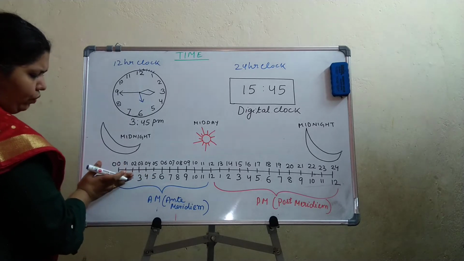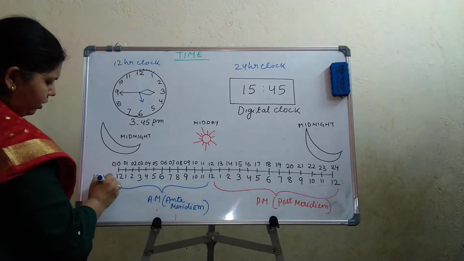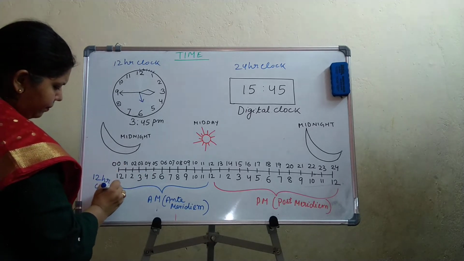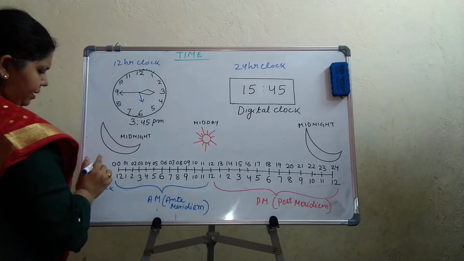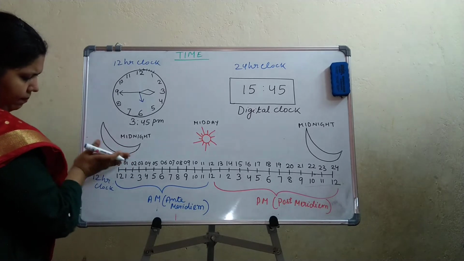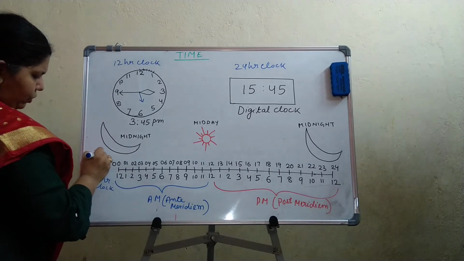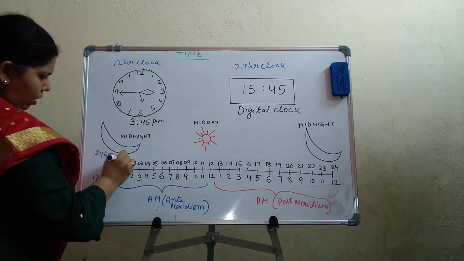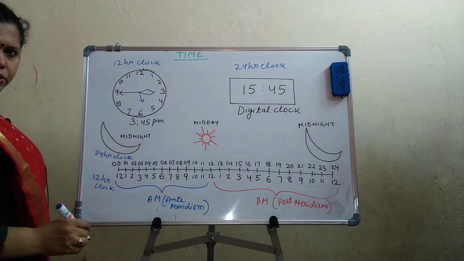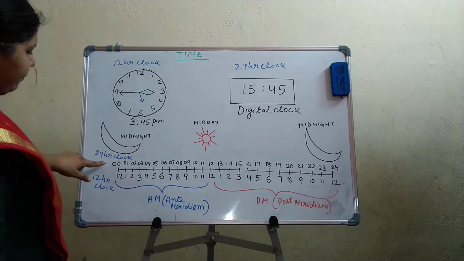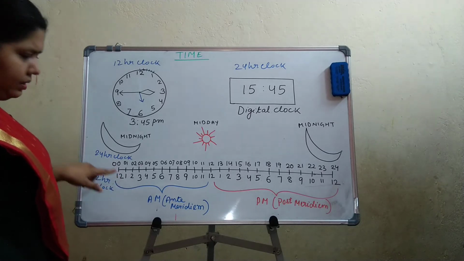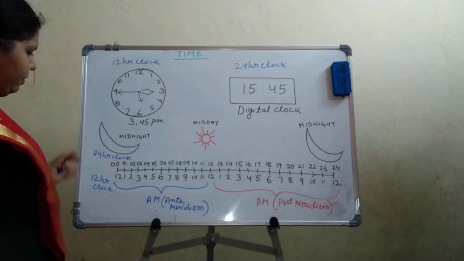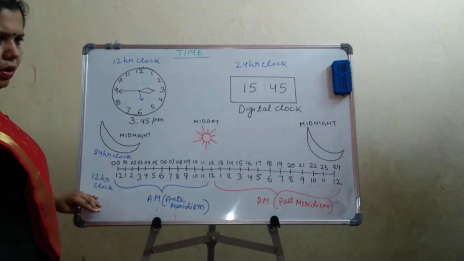Under the timeline you will find the 12-hour clock's time, and above the timeline, the numbers that are written are the 24-hour clock time. Understood? 24-hour clock starts from 00 and 12-hour clock starts from 12. This is the first basic difference between a 24-hour clock and a 12-hour clock.